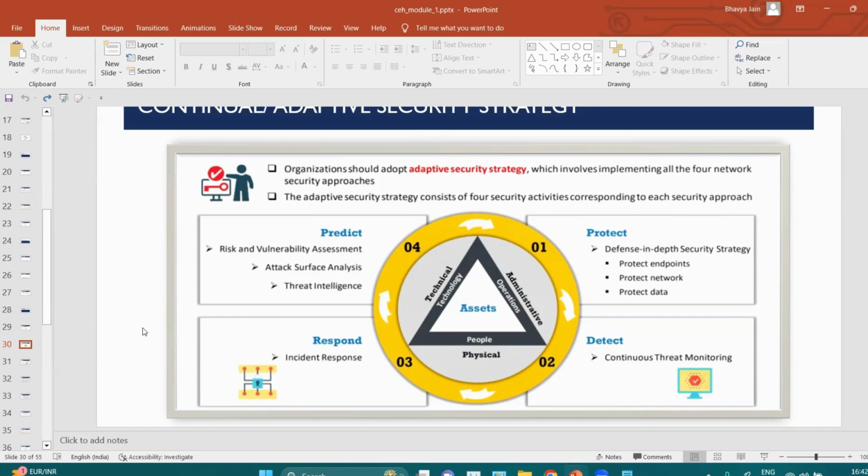Then we respond. After prevention and detection, there is also a chance that the attack can occur in any company. What we can do after the attack is known as incident response. Incident response is something which happens after the incident. Let's say there's an attack, and an attacker compromises the company. Now what will that company do?